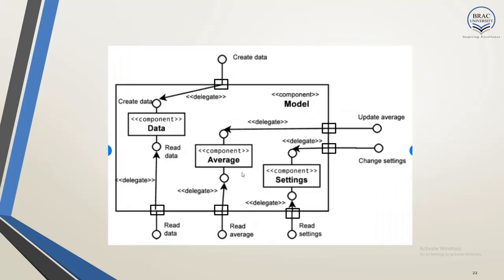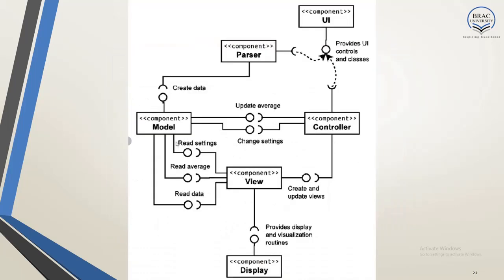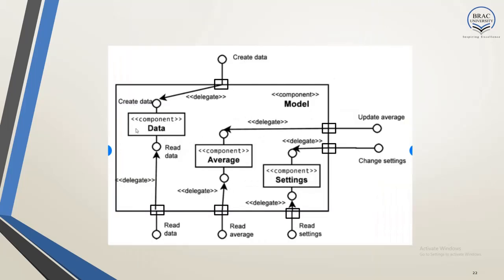Now if we look at the inner view of the model, so this part, we can see that there are multiple internal components over here as well. This whole thing is the model component, and there are multiple internal components which handle each of the functionalities, or the interfaces, that this model as a whole provides. Suppose we can see that the data component provides the create data interface, and it is being delegated through this port over here.